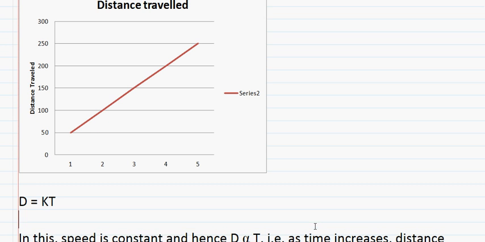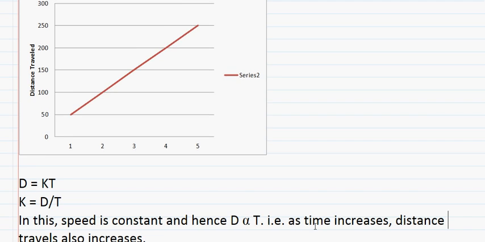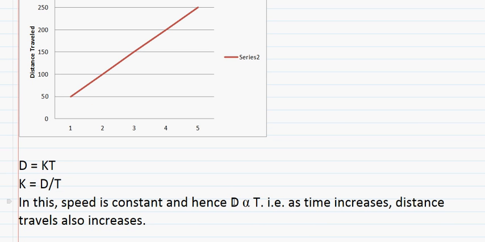Or we can say k is equal to d by t, and this constant k is the constant speed. He travels 250 kilometers in 5 hours, which means k here would be 50. As time increases, distance also increases.